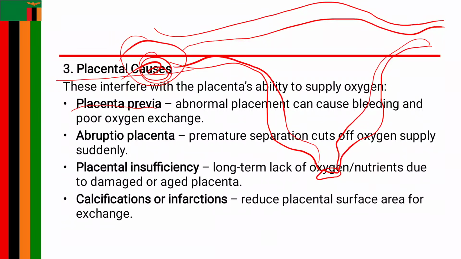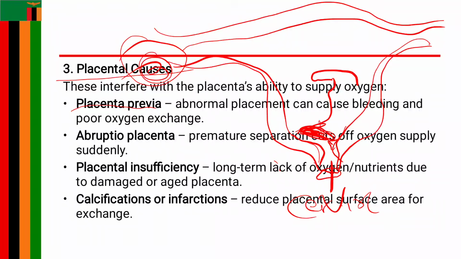So when we say previa, it means before the cervix. So if this is the cervix, and then we say the patient has placenta previa, it means that the maternal site of the placenta is closer to the cervix, or even partially closing the entire cervix.